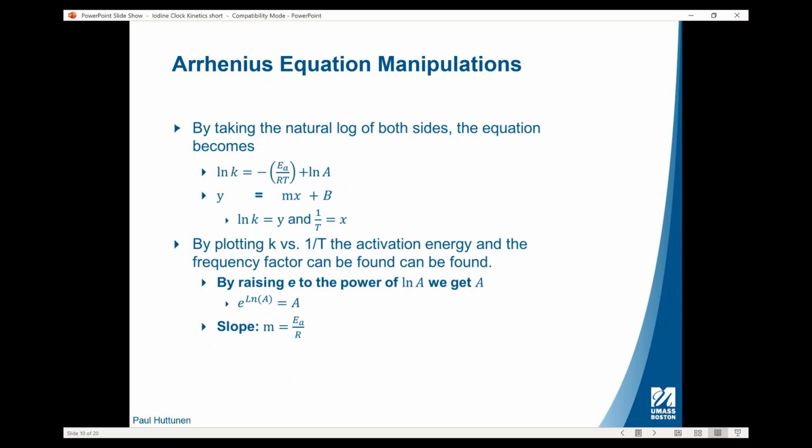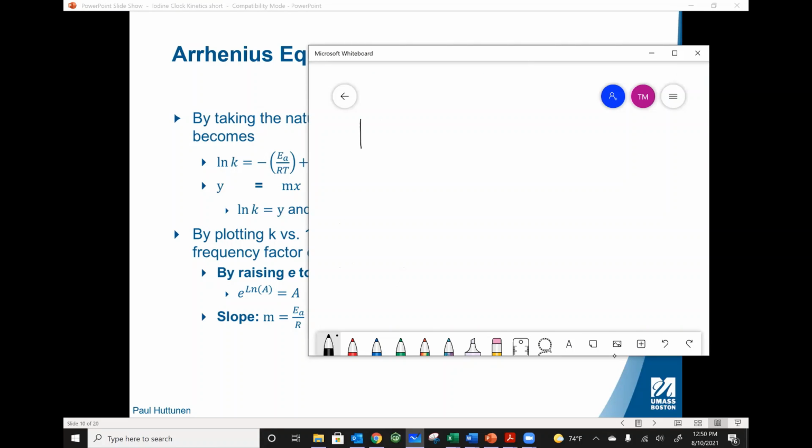So if we were to write this out, let me just bring up the whiteboard instead of trying to describe it to you. All right, so we have K equals A times e to the power of negative Ea over RT.